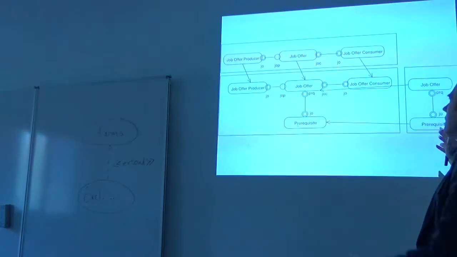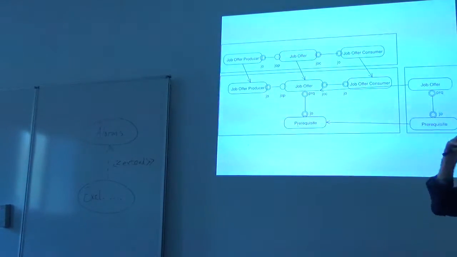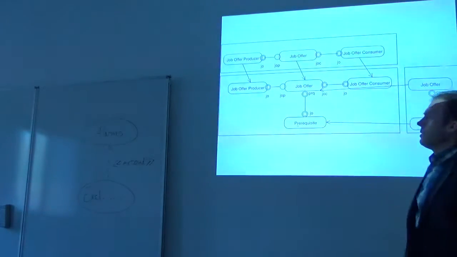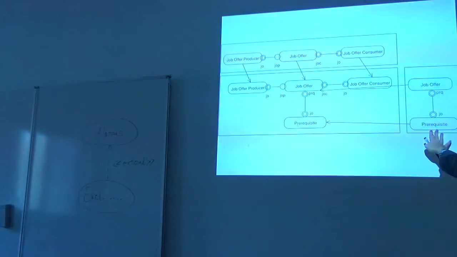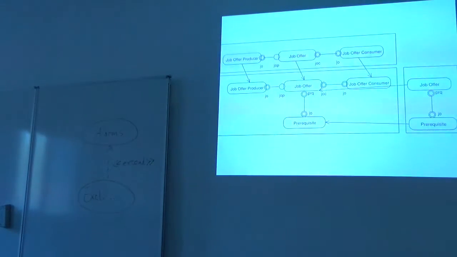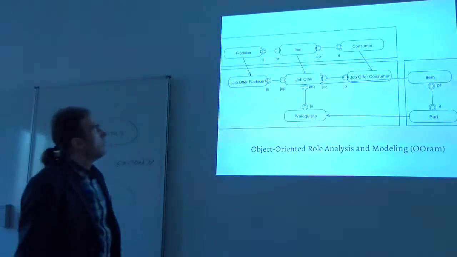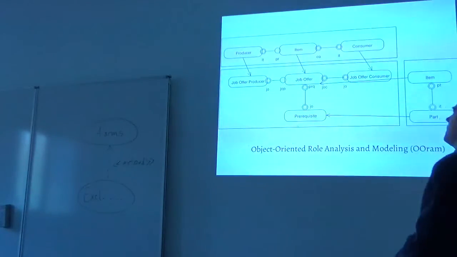What is important is that we compose these two views into something like this, and this is our whole, or the basis for our job offer system. So one perspective is this, one perspective is this, one view, one aspect. And if we go one step further, we can see something a bit different.